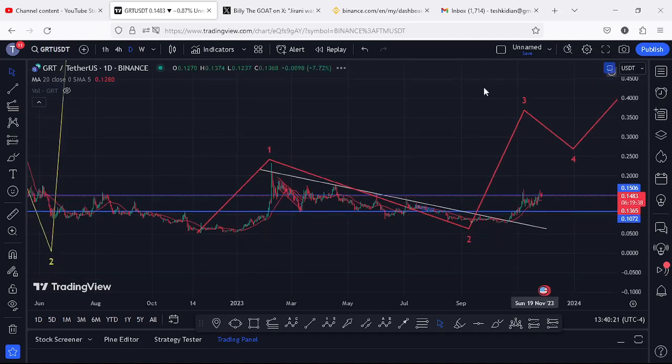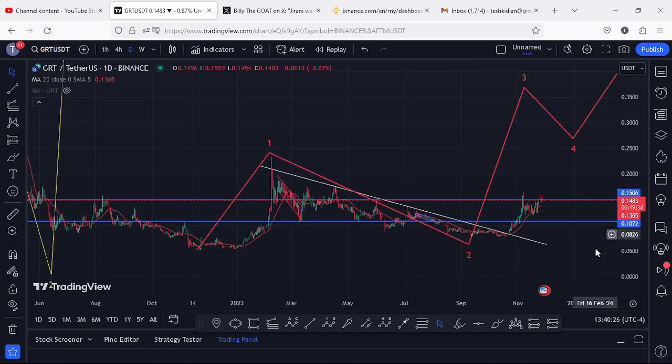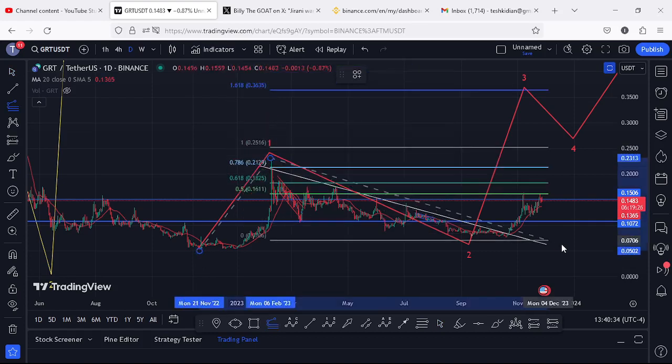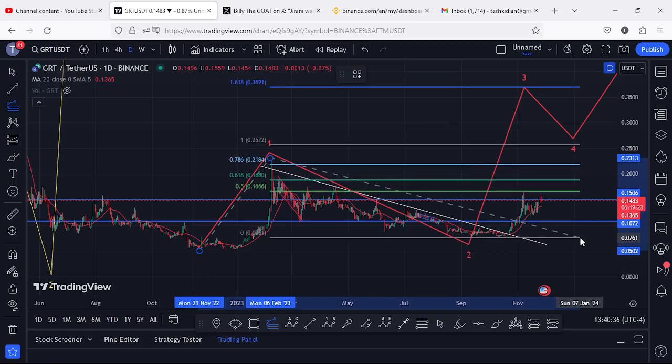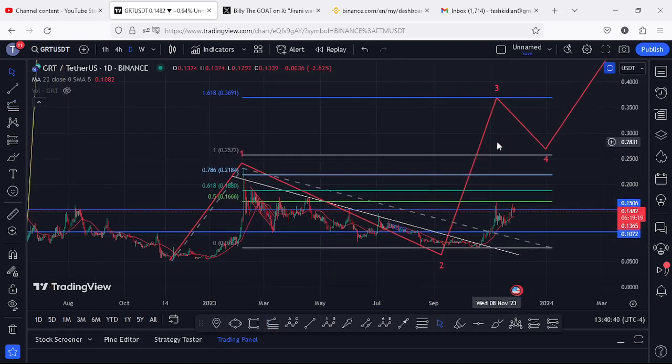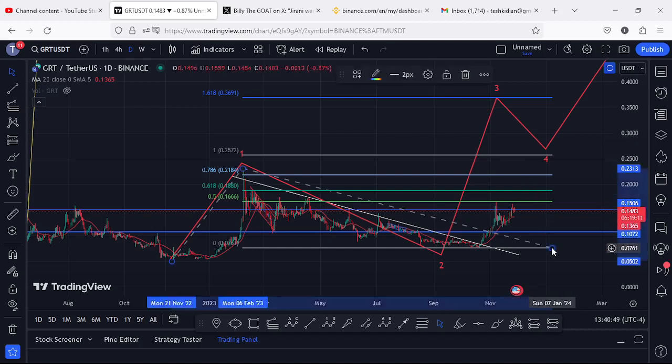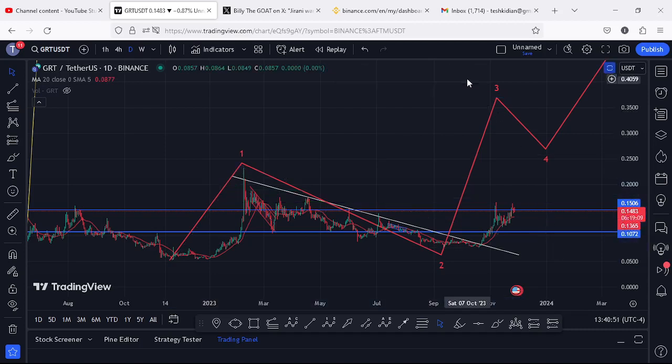The minimum target areas for the third wave can be given by connecting the trend-based Fibonacci from the low of the first wave to the high of that wave 1, then dragging the fibs to the low of the second wave, giving me a minimum target area for the third wave at the fib level 1.618, and that is above the $0.3691 mark, which is the minimum that we can expect that wave 3 to the upper side to do.